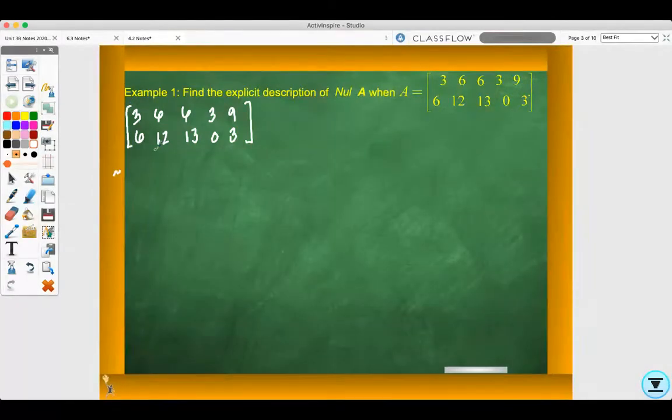The first thing I'm going to do is take negative 2 times row 1 and add it to row 2. Row 1 is going to remain the same. That gives 0, 0, 1, negative 6, negative 15.